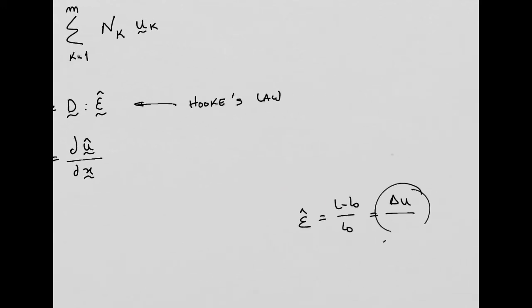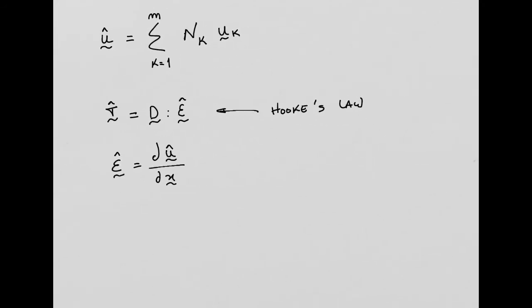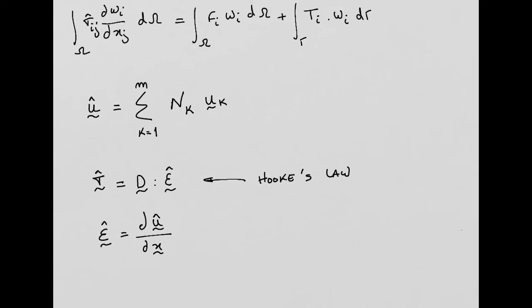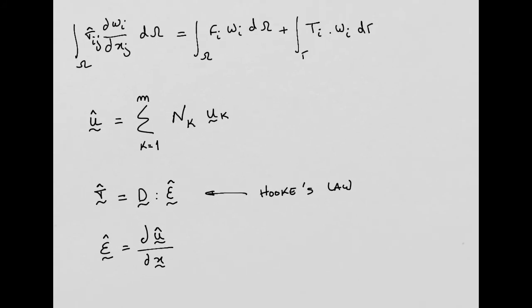So let me just delete this. As you can see, we will basically inject our approximation field for the displacement. We will inject this in these integrals by doing the derivatives of this displacement field.